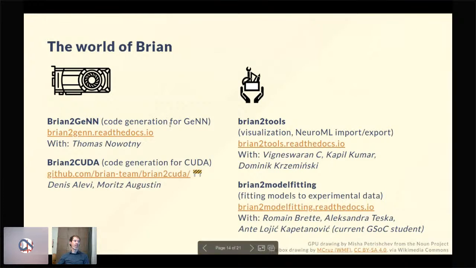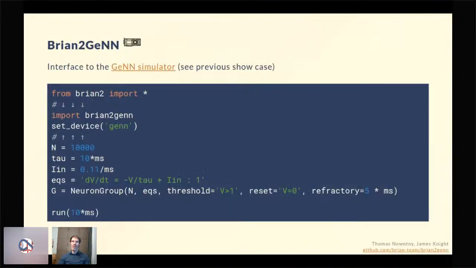So there's Brian2GeNN, which links to the GeNN simulator that you just heard about in the previous showcase. And there's Brian2CUDA, which is currently in progress, but hopefully released soon, which will directly generate CUDA code from a model. And then there are two additional packages called Brian2Tools and Brian2ModelFitting. And let me just give you very quickly an idea of what these do.